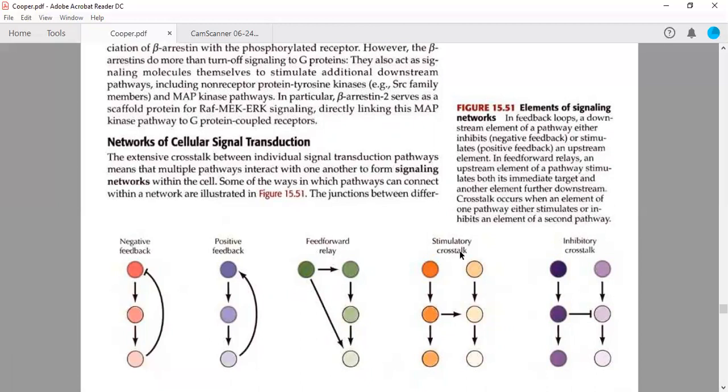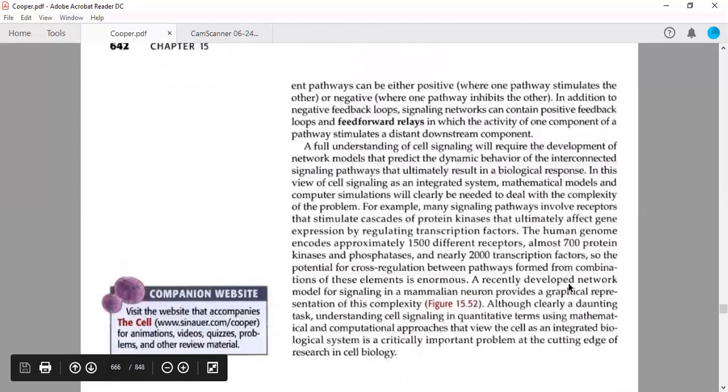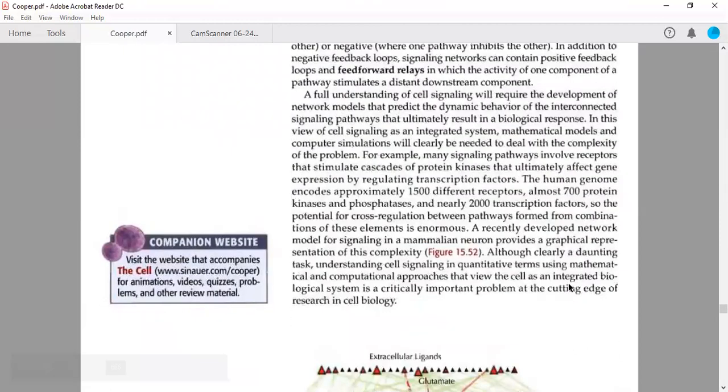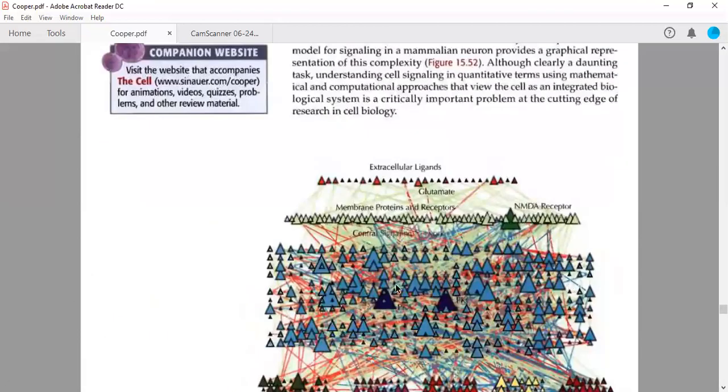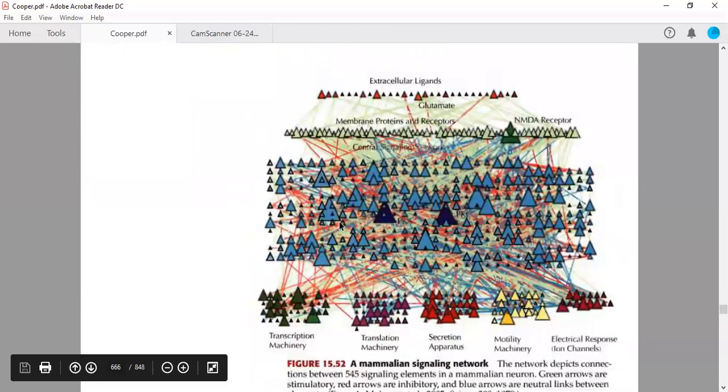There is stimulatory crosstalk or inhibitory crosstalk between different types of molecules and signaling pathways. And when different signaling pathways come together, they lead to the formation of signaling networks. So this kind of network is present inside your cells.